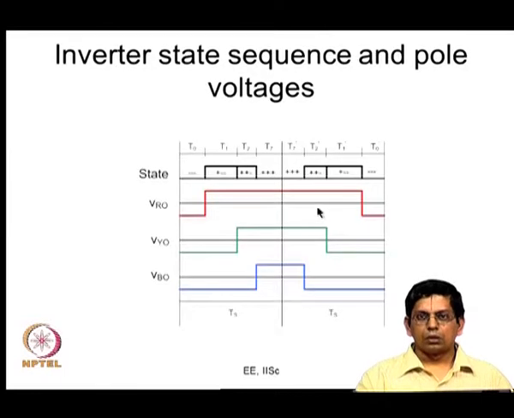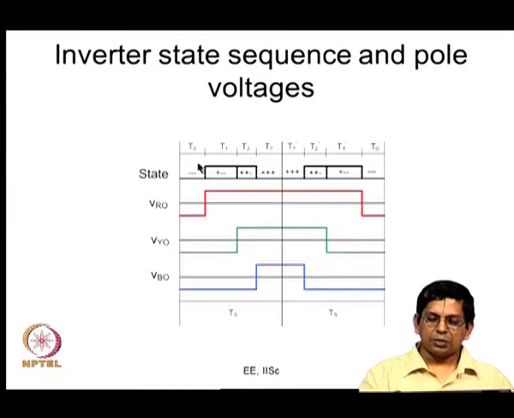In sector 1, as I mentioned, you are going to apply active vector 1 and active vector 2, which are indicated by plus minus minus and plus plus minus. This may be a little cramped, but you can see when it is plus minus minus, R phase voltage is high, Y phase is low and B phase is low.